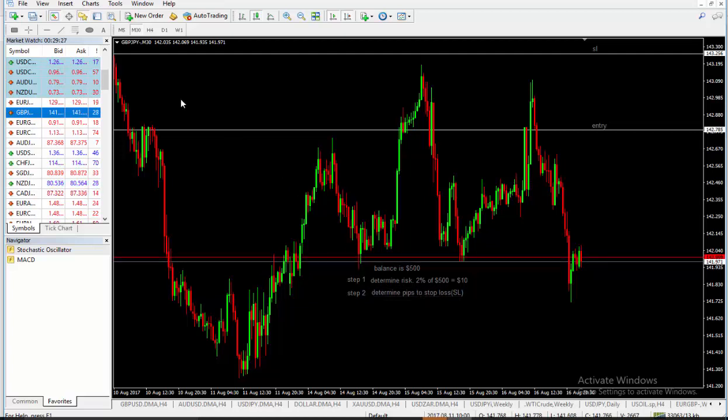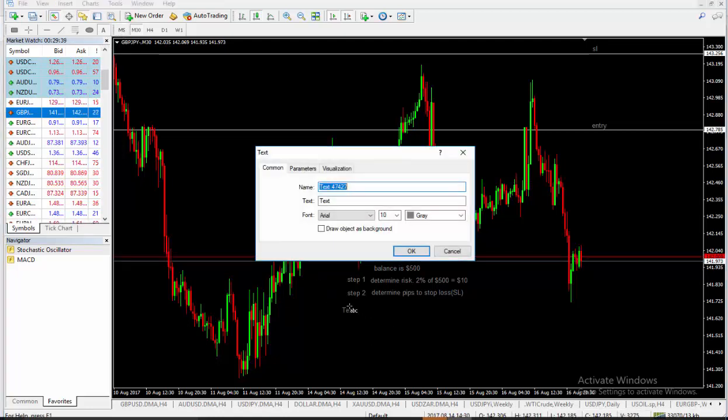Then what do you want to do? Remember our entry. Everything is done already, so it's fine. So our step 3 will be our stop loss subtract our entry.